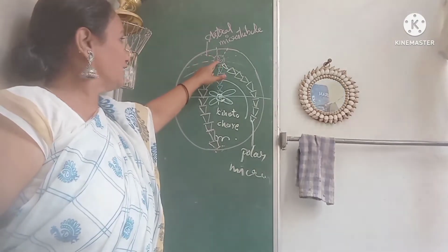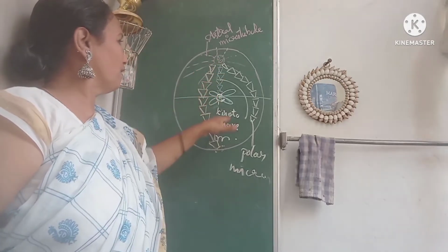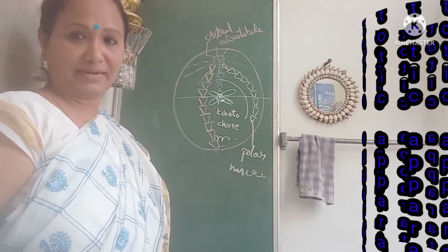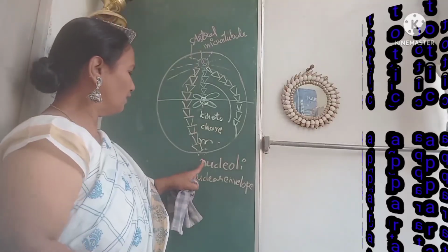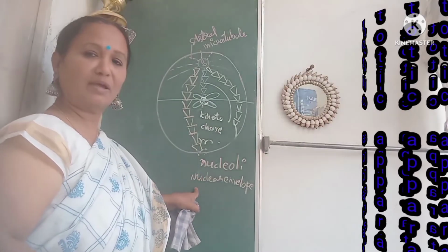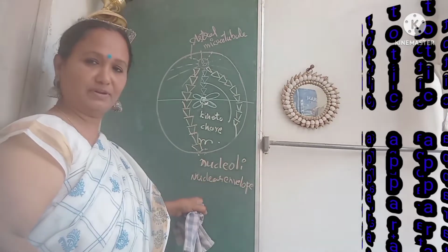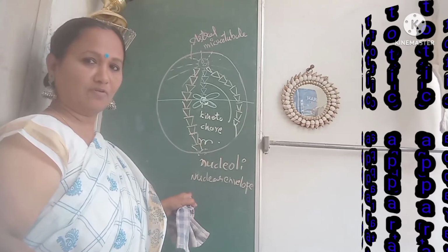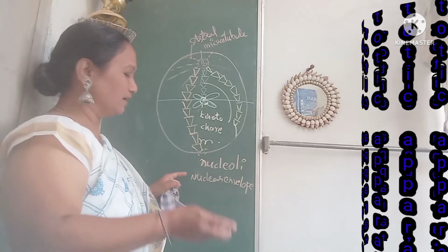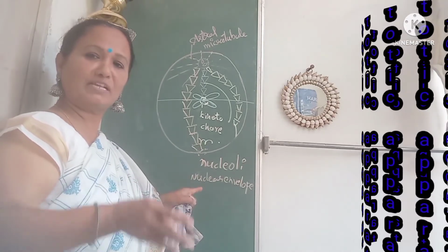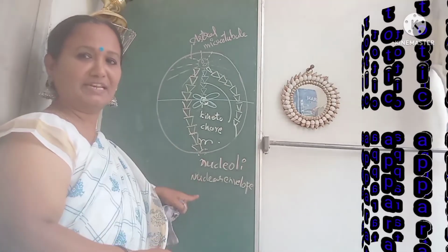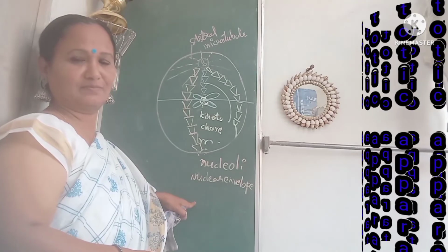Asters, centrioles and microtubules all together are called the mitotic apparatus. The nucleolus and nuclear envelope are no longer visible because it is late prophase. All are going to disappear, and the Golgi complex and endoplasmic reticulum also start disappearing in late prophase.